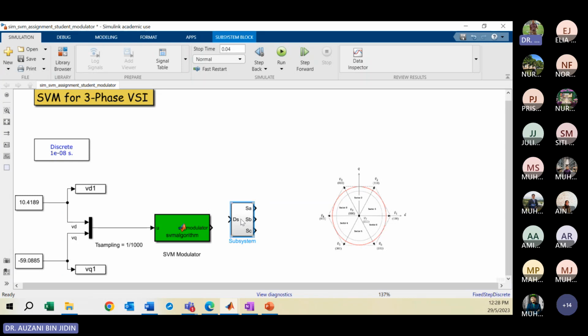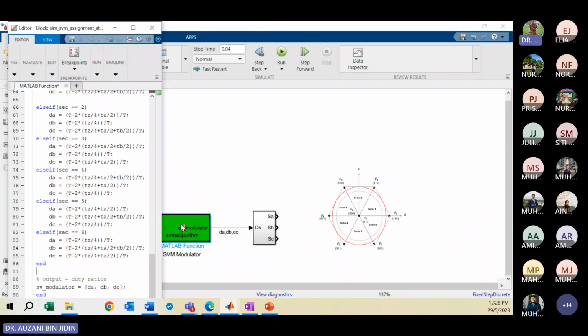You just copy this block and connect. This signal carries DA, DB, and DC. One line carries 3 signals, DA, DB, DC, which are the outputs from the SVM modulator. Don't forget, you must set the outputs of the SV modulator as DA, DB, DC.